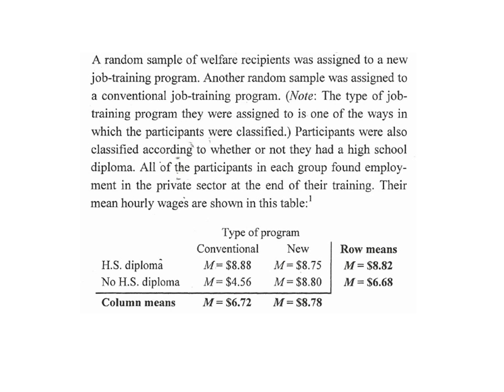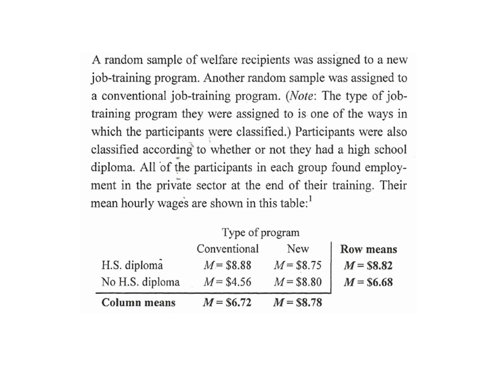Now, when we are looking at our column of means, we look down here and see under the conventional column that a person with a high school diploma had a mean of $8.88 an hour. A person with no high school diploma made $4.56 an hour, and so the conventional column mean was $6.72.